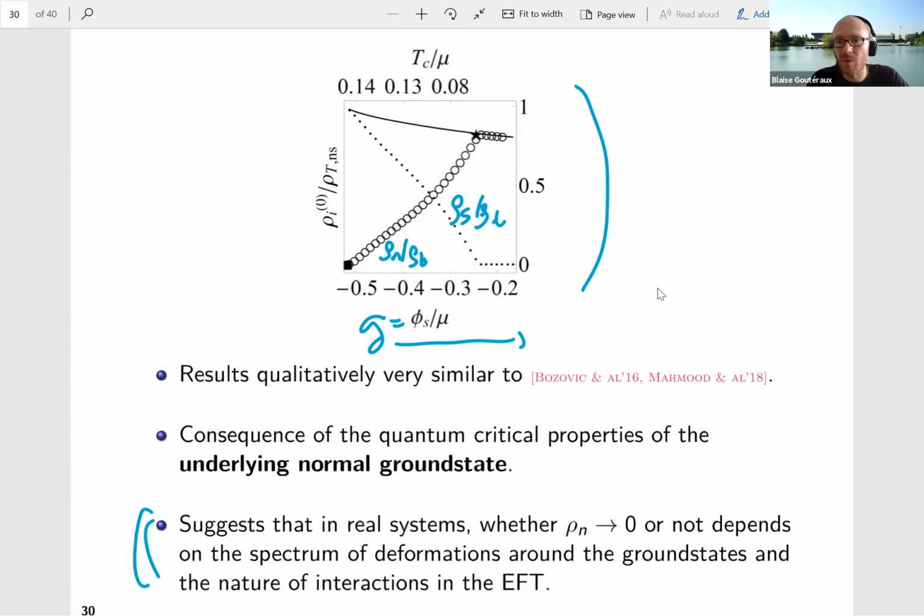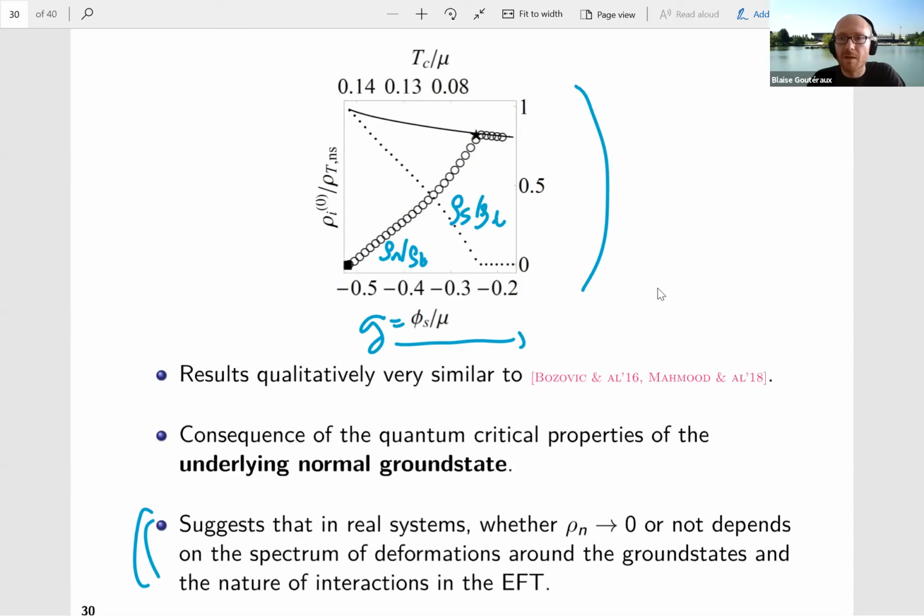However, what I can do is try to see what happens in the IR, where all of these UV details are washed out. And you might expect that systems fall into the same universality class. So in this particular exercise, I'm not trying to get the holographic dual of these particular cuprates.